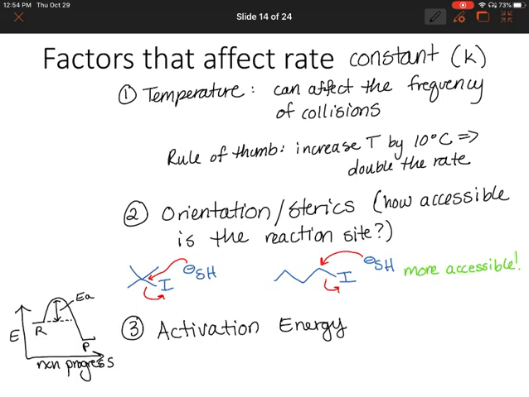And really with the activation energy, you're referring to how much energy it takes to break bonds and form new ones. So how easy is it to make or break bonds?